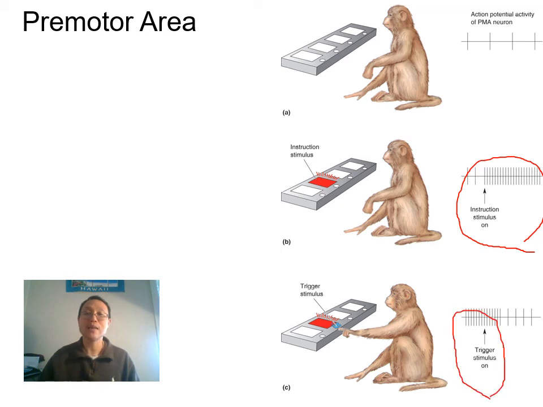What they found, as I said before, is that these neurons start to fire a lot before the animal takes action. That means this area precedes the activity of the primary motor cortex; in other words, the premotor area is commanding what the primary motor cortex should do.